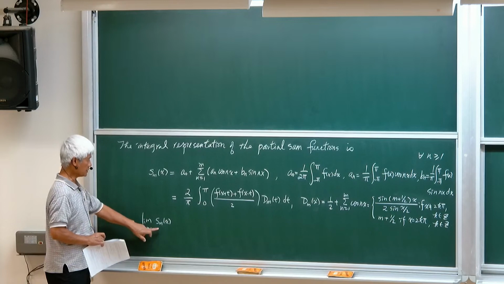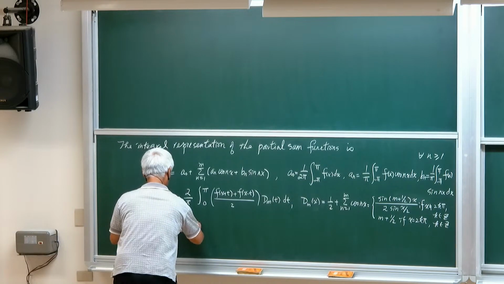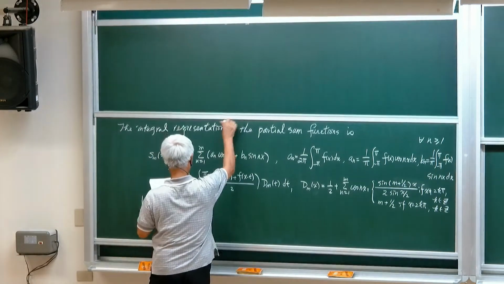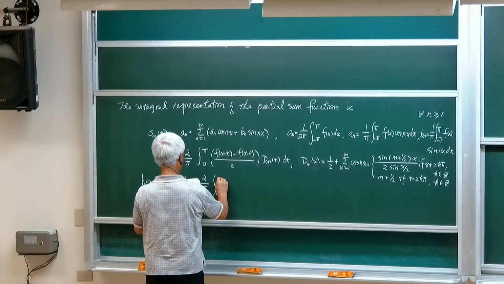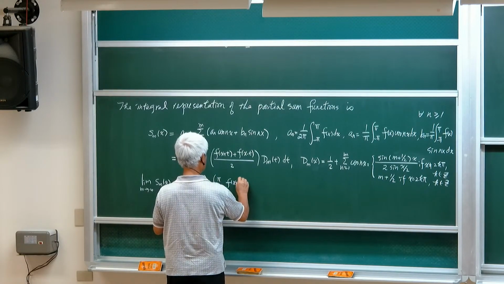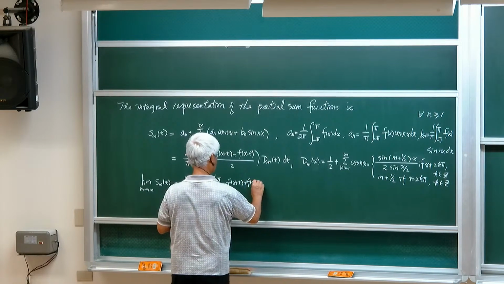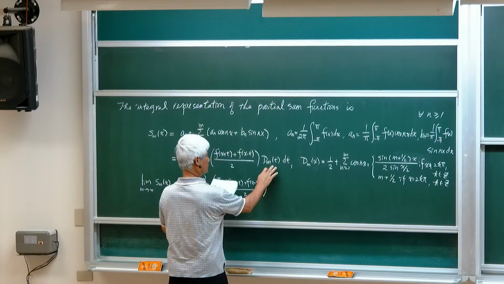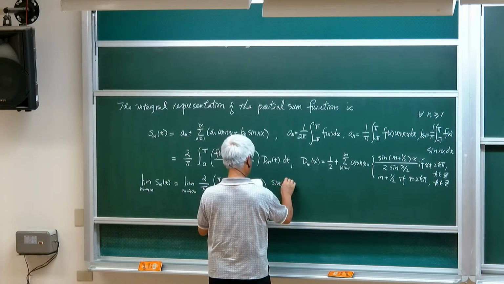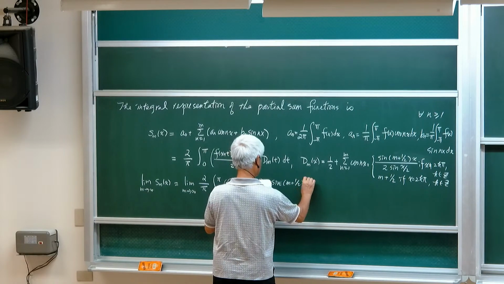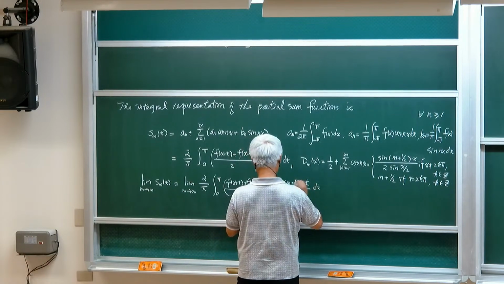So this is actually the limit as n goes to infinity of 2 over pi, integral from 0 to pi, of f(x+t) plus f(x-t) divided by 2, times sine of (n plus 1/2) t divided by 2 sine t over 2, dt.